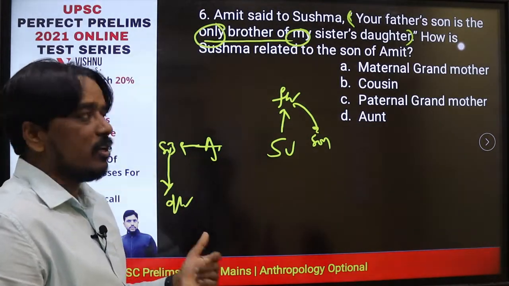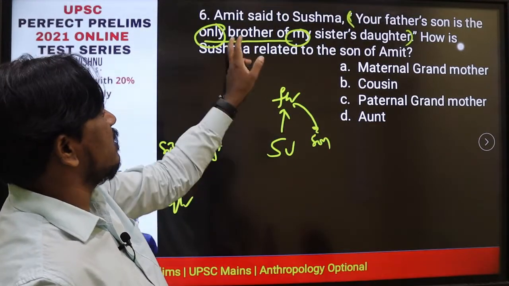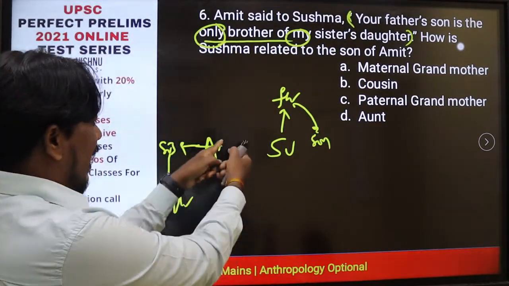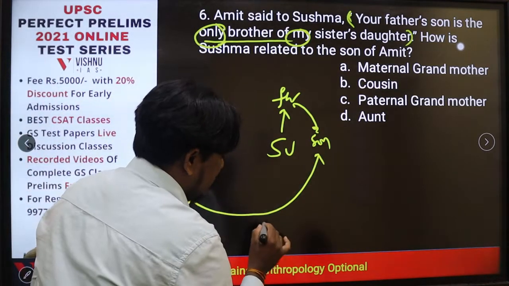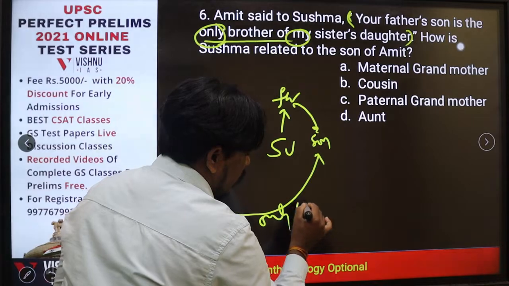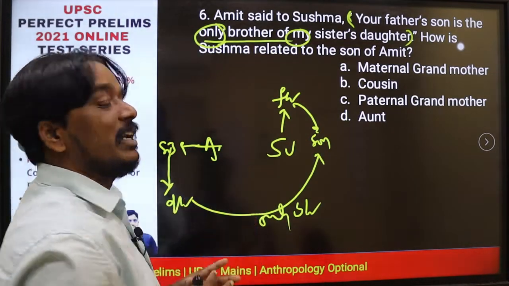This son is the only brother of my sister's daughter. My sister's daughter's only brother is this one. The only condition is "only brother." Simple, you will get clarity. You got the complete link here.